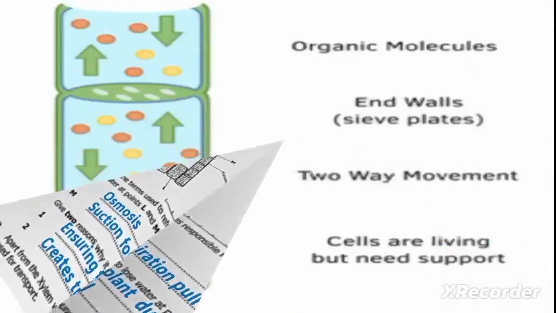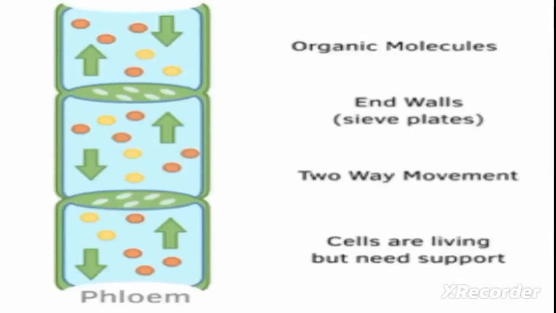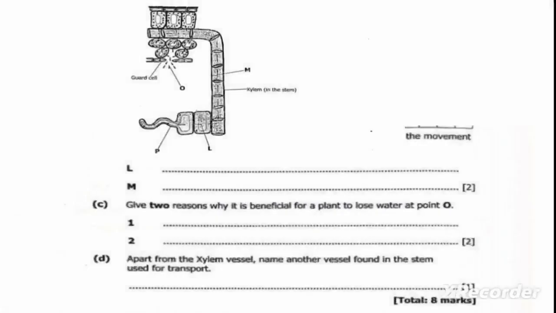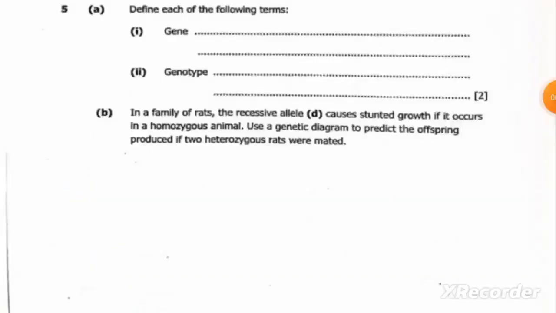The phloem vessel is used to transport manufactured nutrients such as amino acids and sucrose. So these manufactured nutrients are transported by the phloem vessel. So therefore we are going to say phloem.